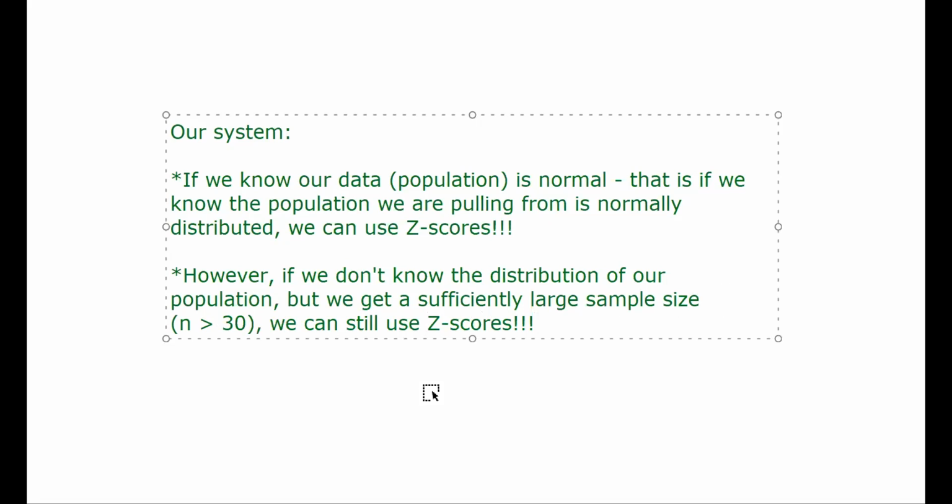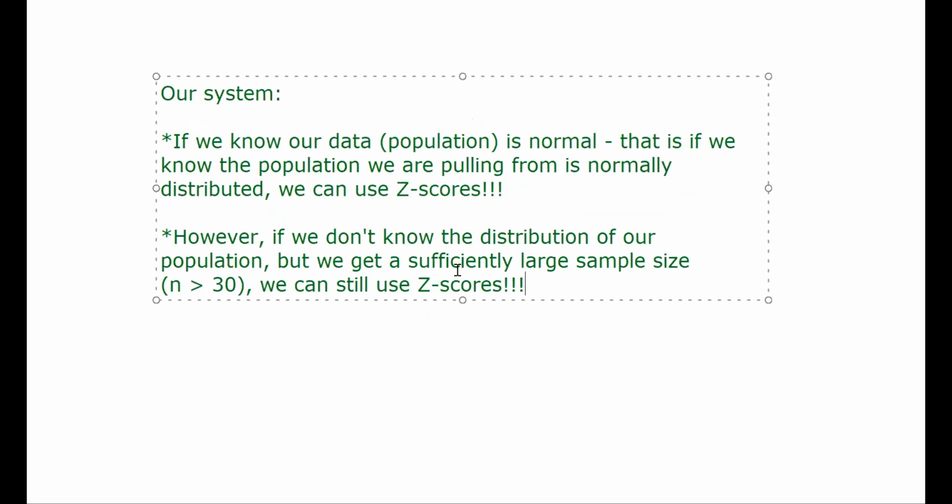Yay, we can use z-scores to calculate probabilities. We can use z-scores to construct confidence intervals. And then in chapter 10, we'll see we can use the z-score hypothesis test with a z-test statistic.